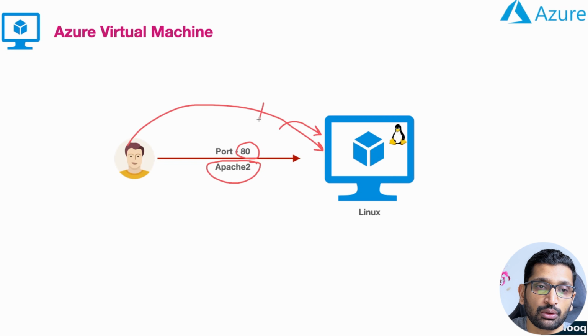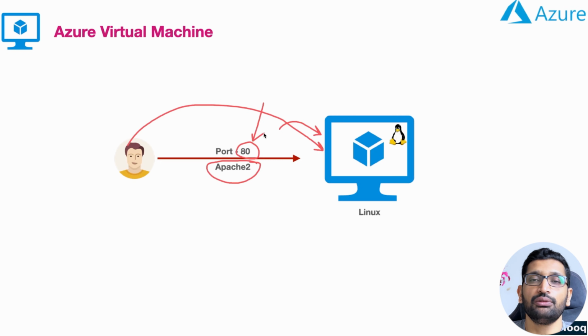If we don't create a network security group to allow port 80, then we will not be able to access that service from outside the virtual machine. These are a few examples I can come up with, and don't worry, we are going to see both in the demo so that it makes more sense how it works in reality.